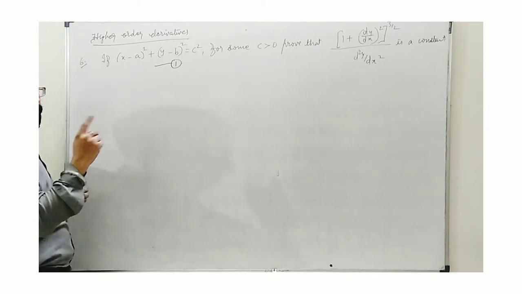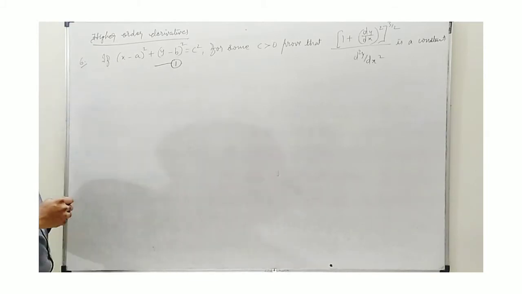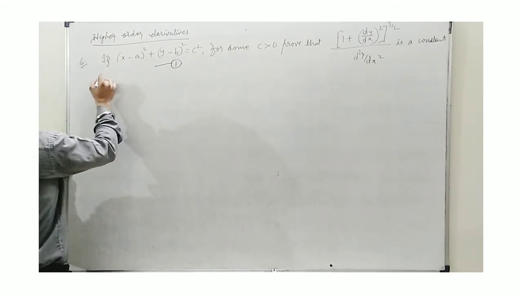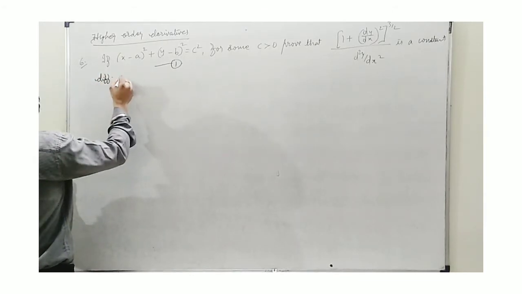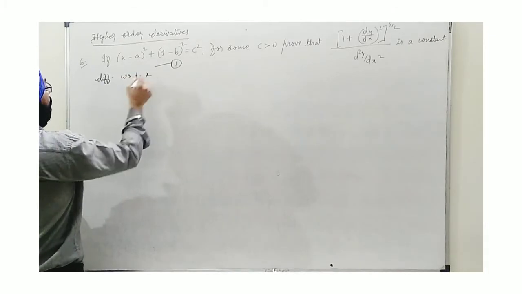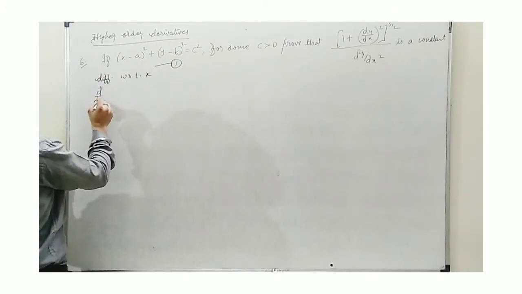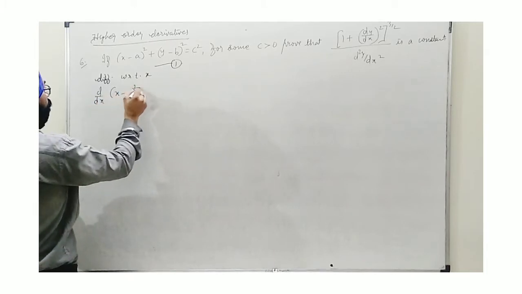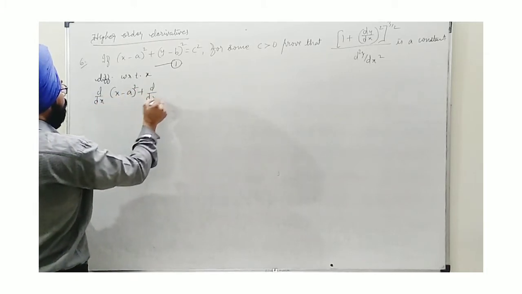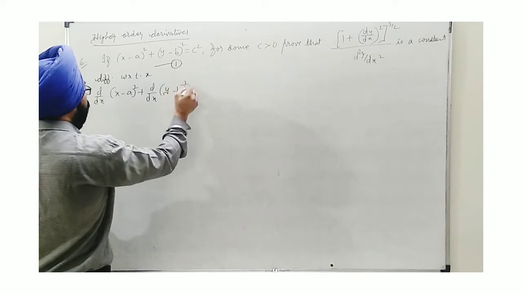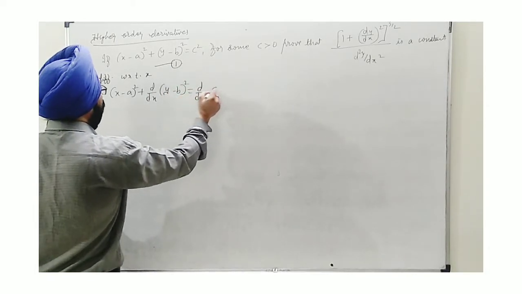If you think about the function, this is a pattern of implicit function. Okay, so let's do it. Differentiating with respect to x, in the first term that will become d by dx of x minus a whole square plus d by dx of y minus b whole square, equals d by dx of c square.